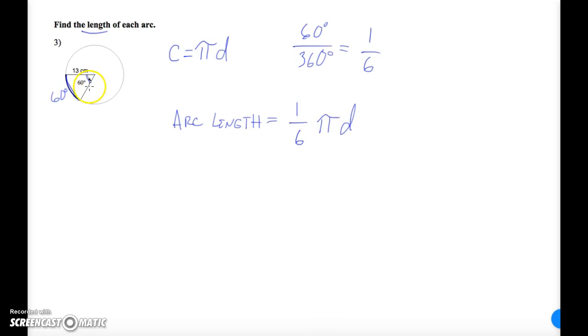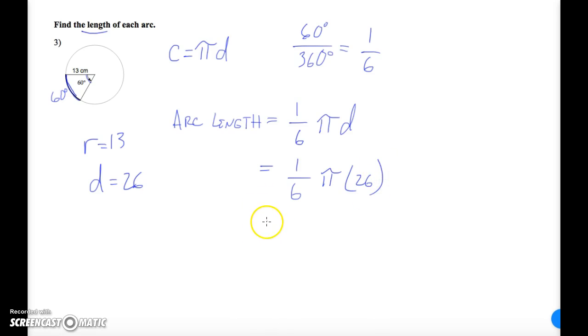Okay, we're given the radius here, so the radius equals 13. The diameter is twice the radius, so the diameter must equal 26. So if we plug that into this equation, we get 1/6 pi times 26.